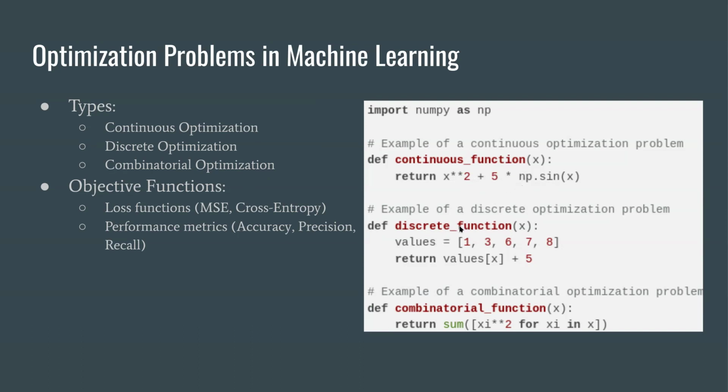We look at this discrete function, we can see that there is a predefined set of values, and this function selects from a predefined set of values. And for the combinatorial function, you can see that this function sums the squares of elements in a combination.